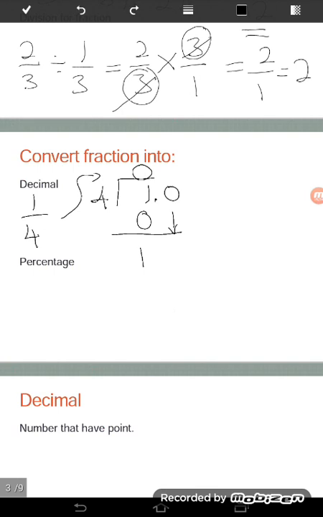To convert a fraction into a percentage, you need to multiply by 100%.